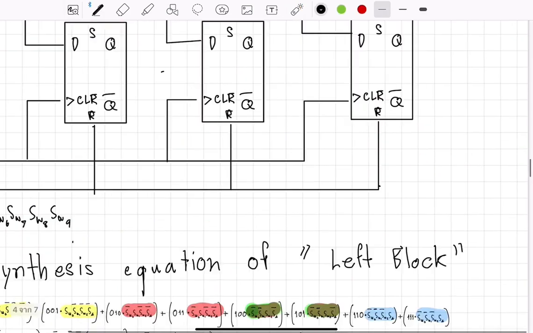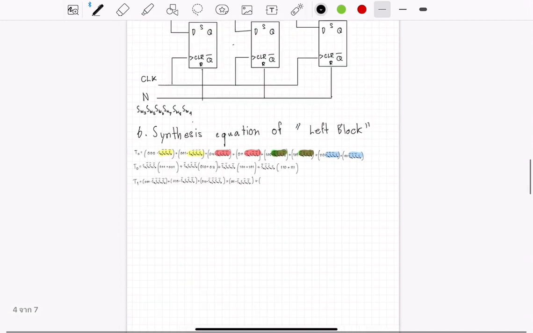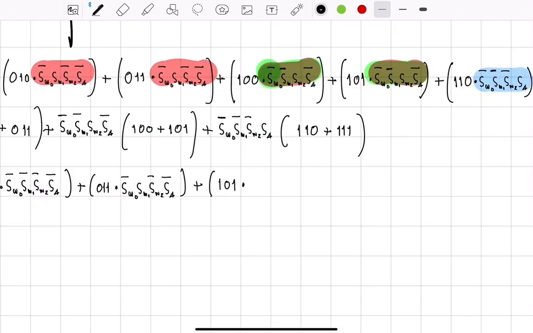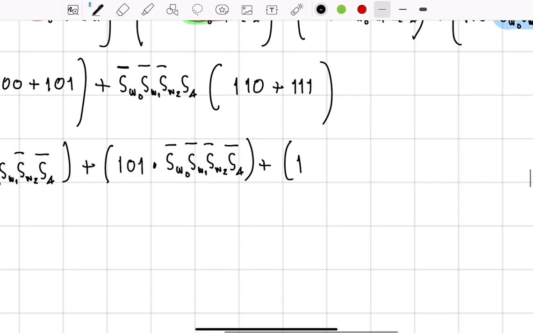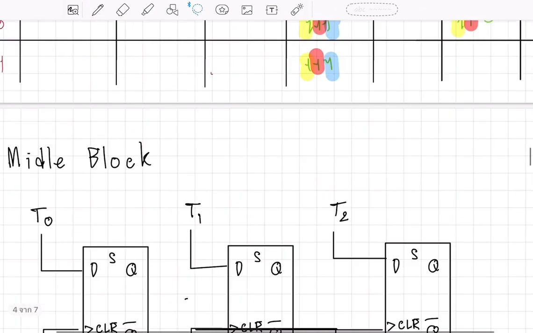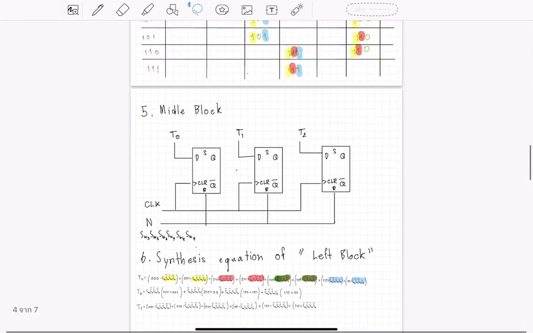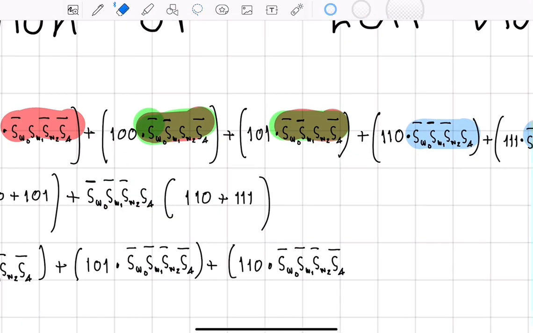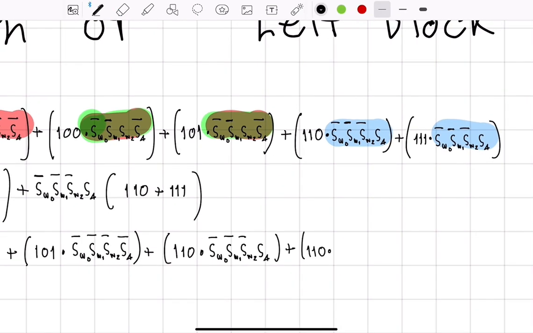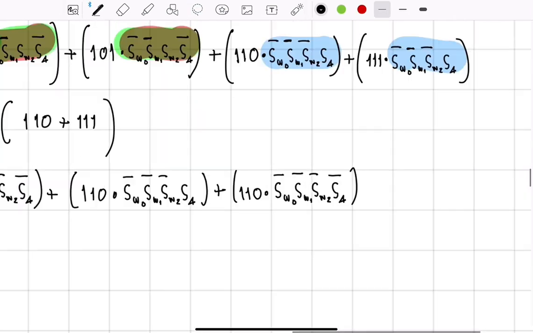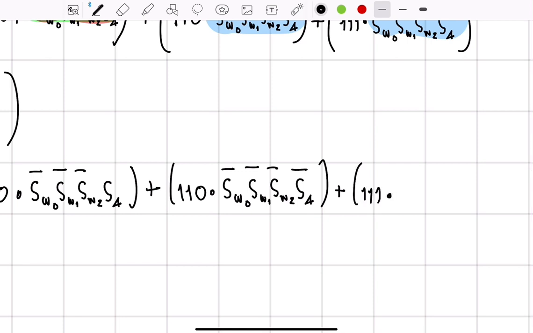If looking no 0, 1, so push and leave 1, 1, 0. Leave in switch 4. Not switch. Yeah. 1, 1, 1. Leave in switch 4.